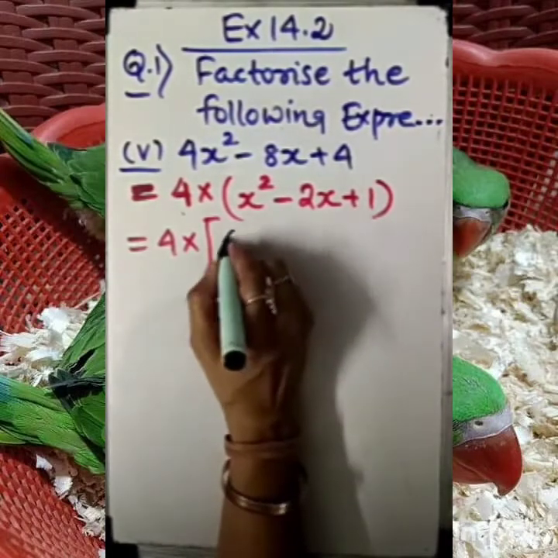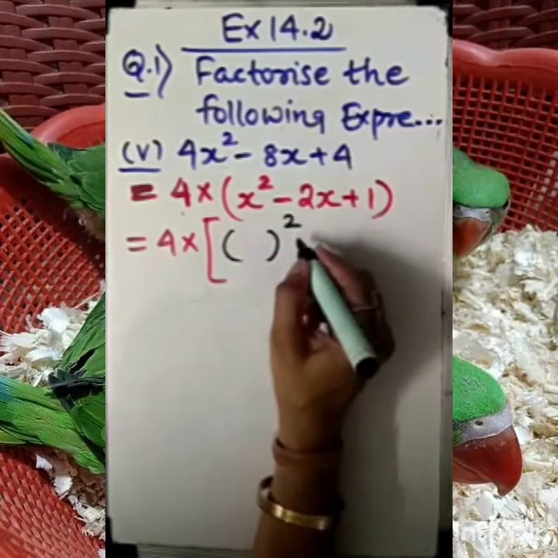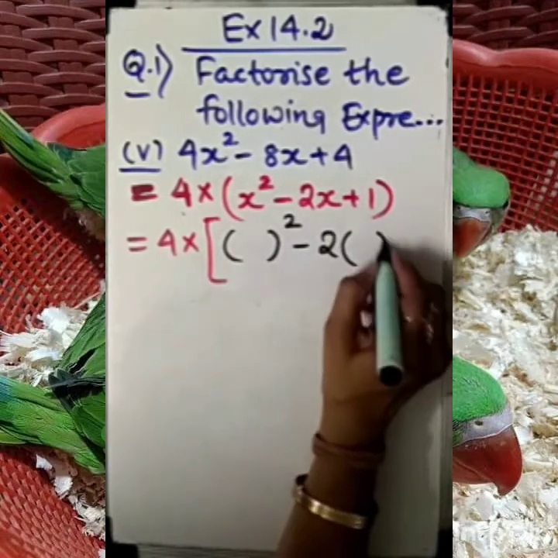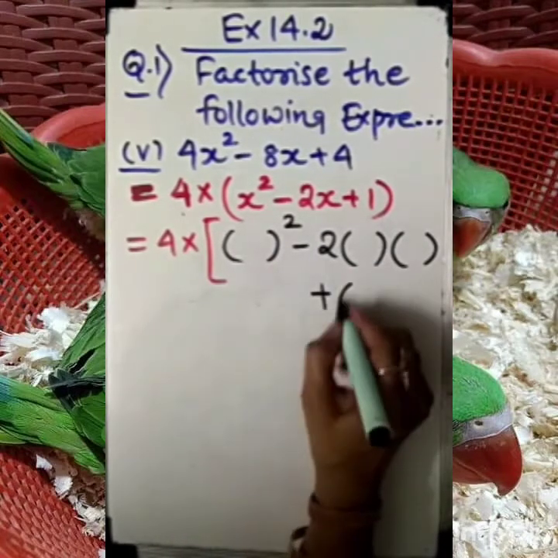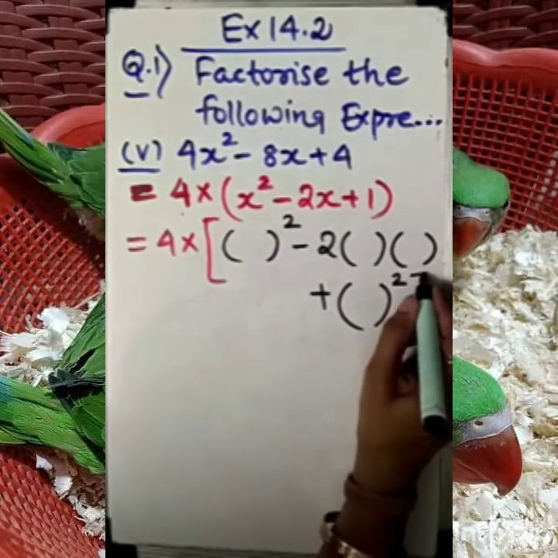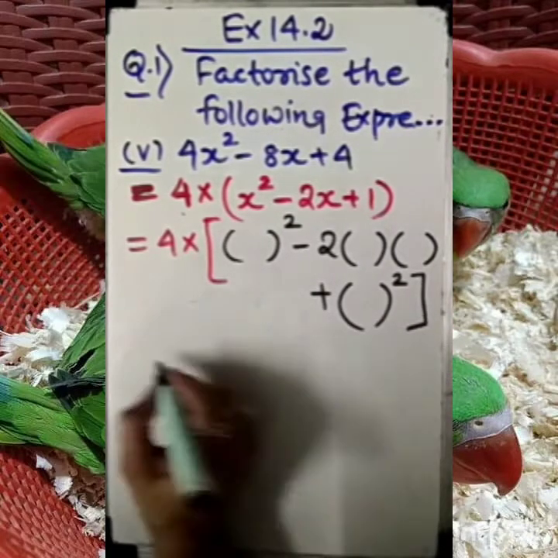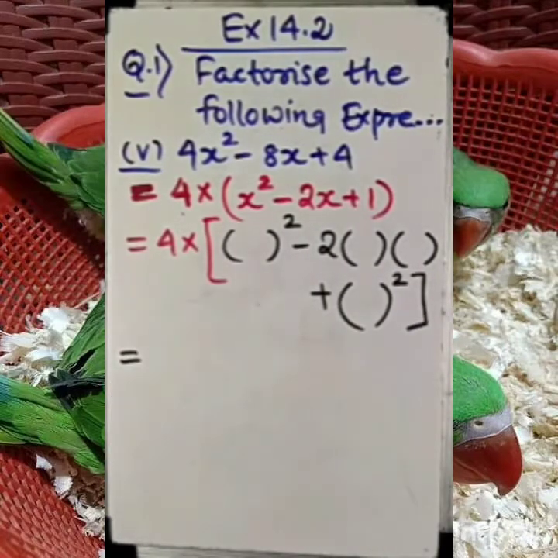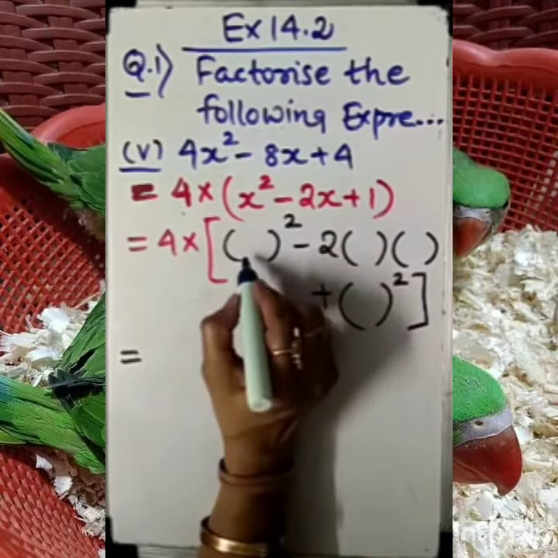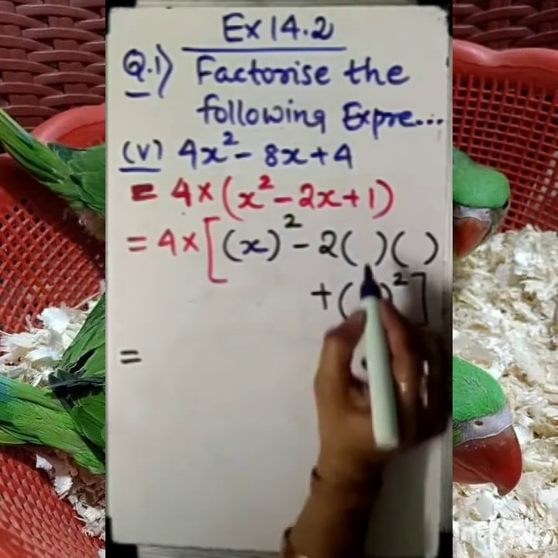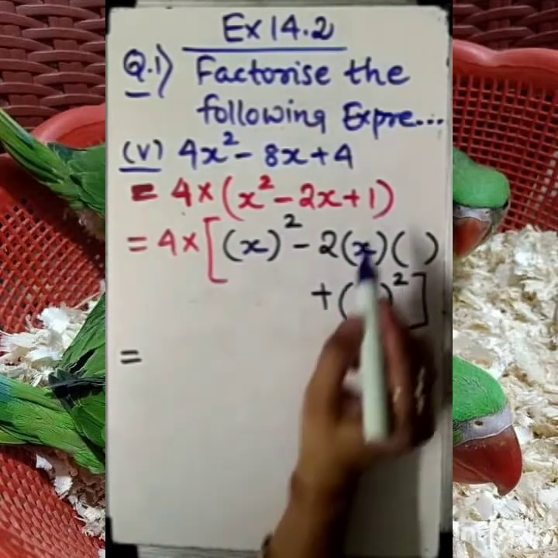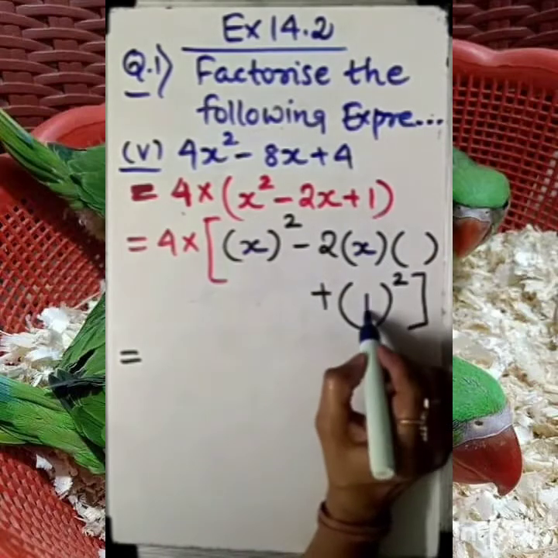The identity says a square minus 2ab plus b square, and this square bracket is over here. Fine. Now, what is a here? A means the first term. The first term is a perfect square of x. Here a is x. What about the last term? It is a perfect square of 1.